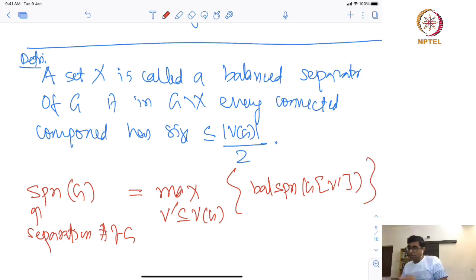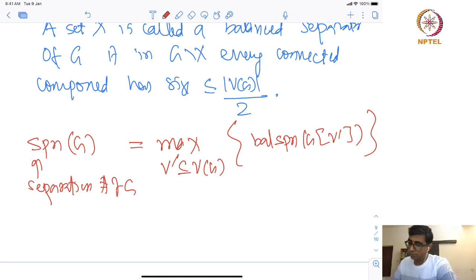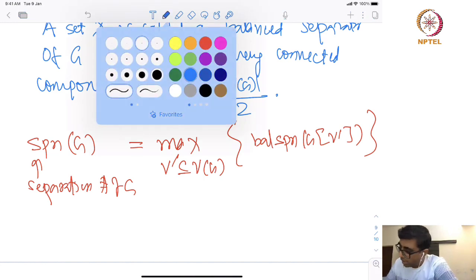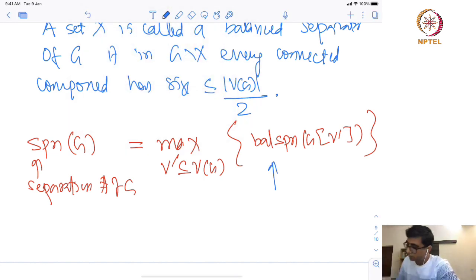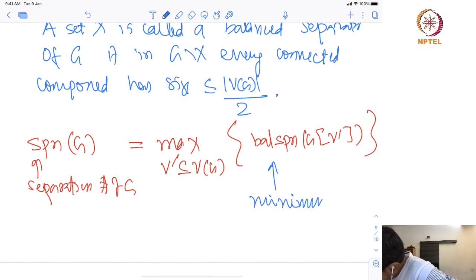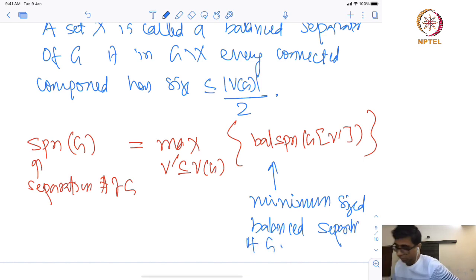Now, what is the balanced separation number of the graph induced on this? This is basically the minimum sized balanced separator of the graph induced on V prime.